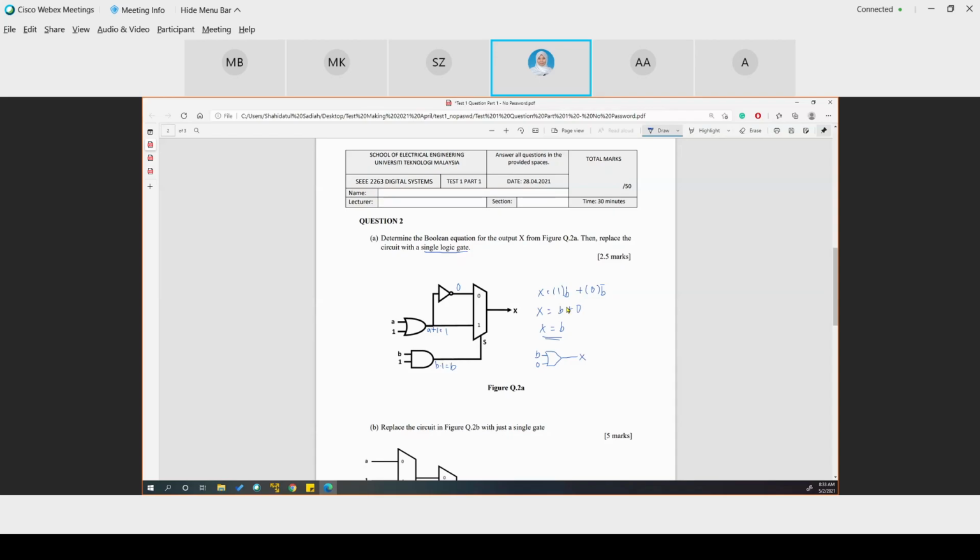In this case, it's B. Or you can add as you want. These are the three. A single gate is accepted for this question.